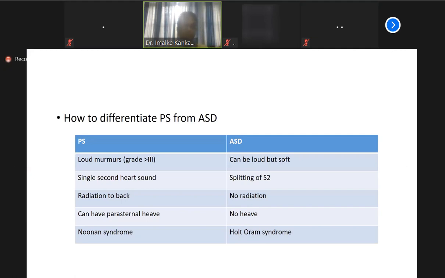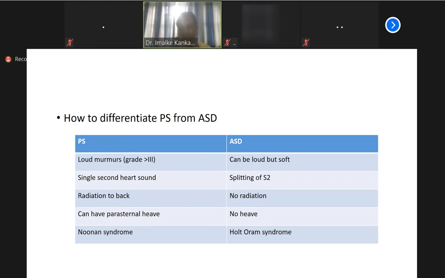Now, if you hear a murmur best heard in the pulmonary area, pulmonary stenosis murmurs are usually loud. If there's a thrill in the pulmonary area, that is PS, because PS children are well grown, they don't get any pulmonary edema. ASDs could be loud, but most of the time murmurs are soft.